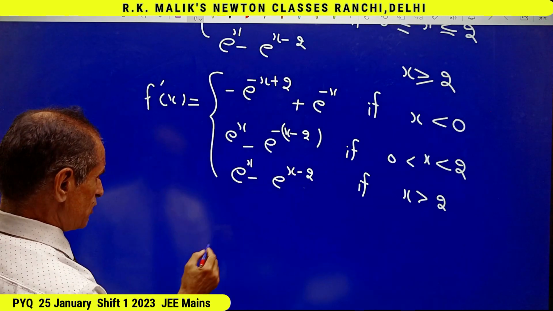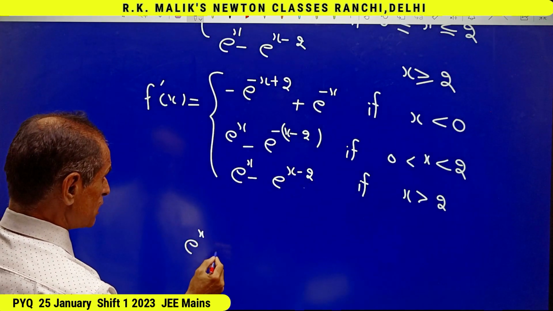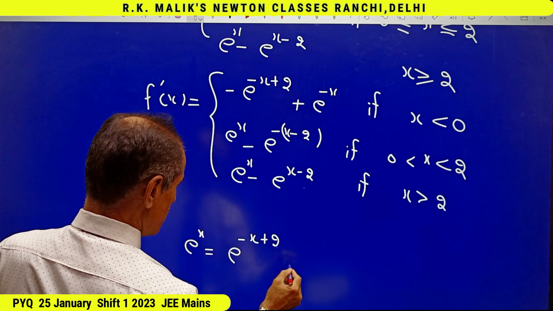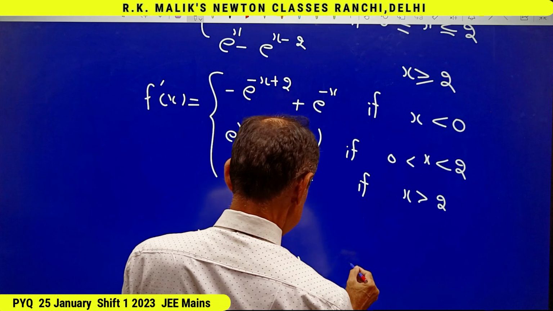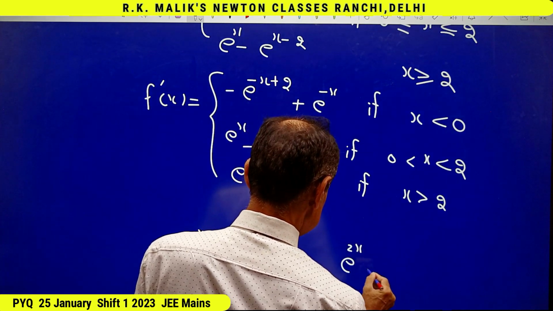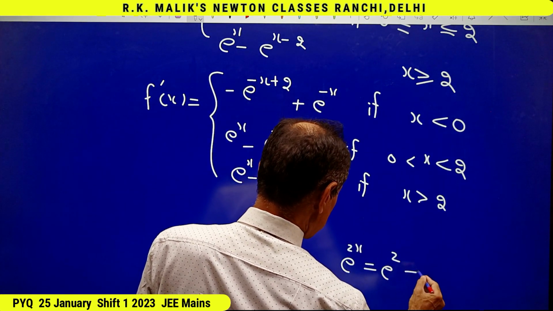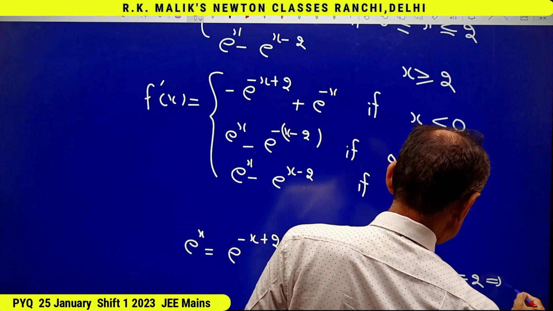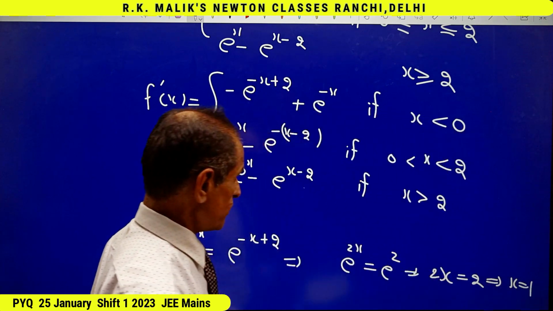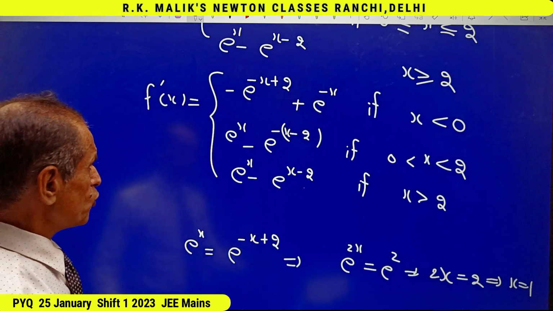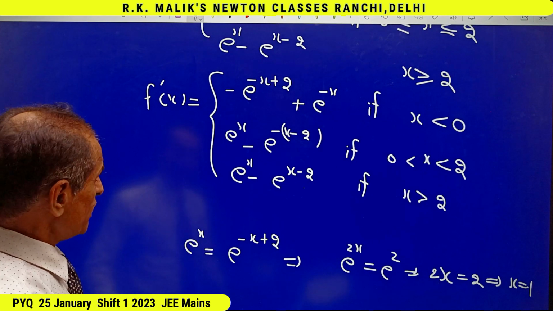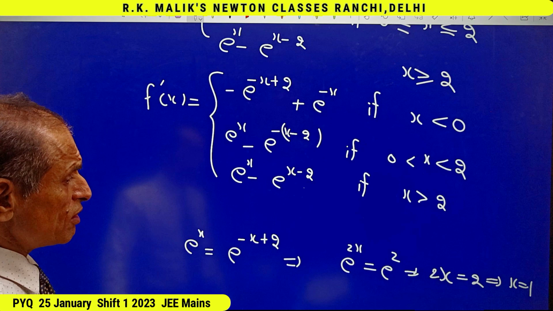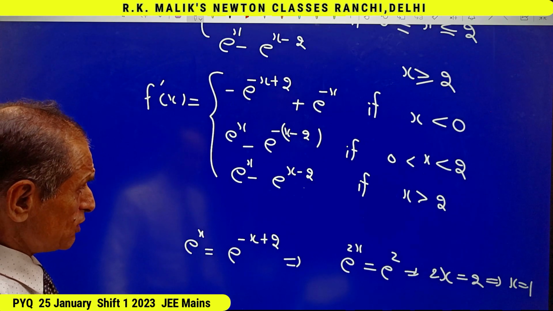But if I put this equal to 0, I'll be getting e^x equal to e^(minus x plus 2). That is e^(2x) is equal to e^2. That is 2x equal to 2. That is x equal to 1. Hence, x equal to 1 is the only point where f dash x is 0. Hence, maxima or minima will occur only at x equal to 1.